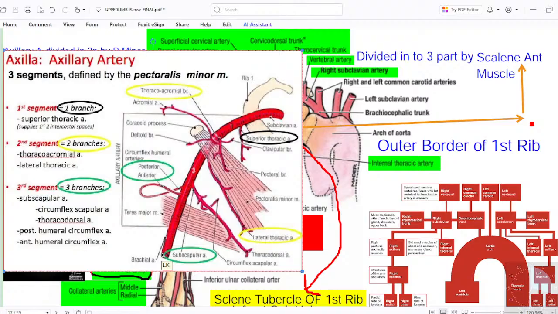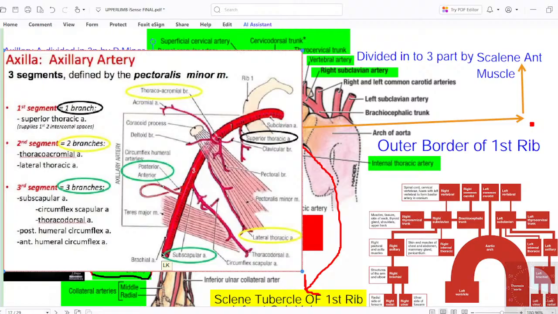So, okay, the subclavian artery arises from the brachiocephalic trunk of the aorta, and then it continues down over the lateral border of the first rib. It continues as the axillary artery.